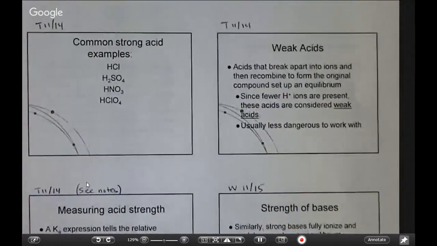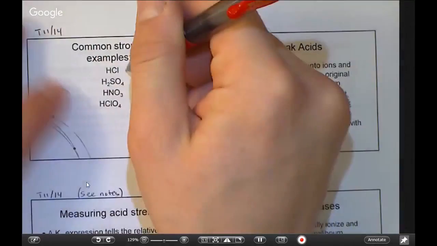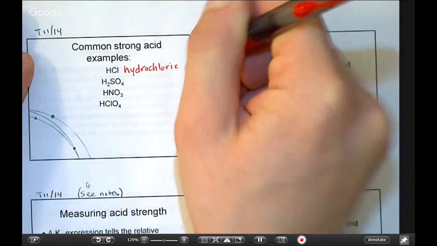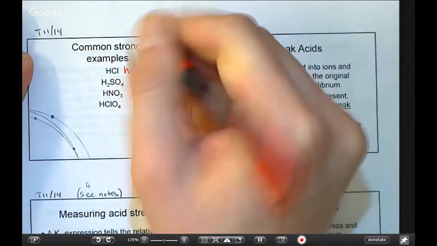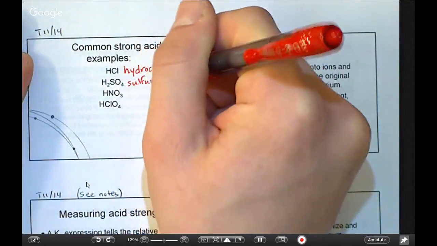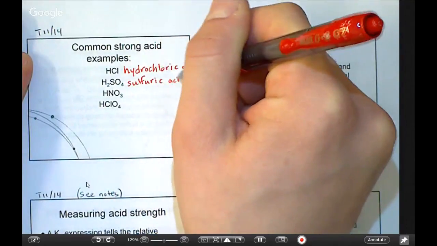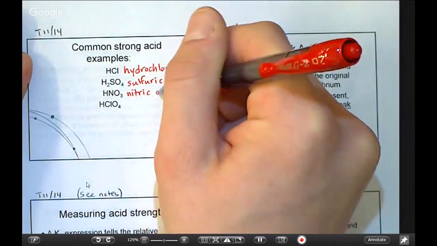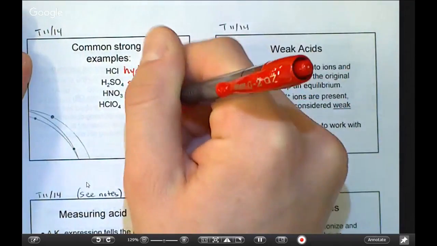Some of our strong acids that we may encounter include the following. We have hydrochloric acid. We have sulfuric acid. You have nitric acid. Boric acid.